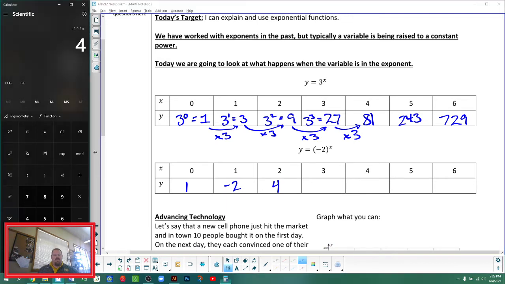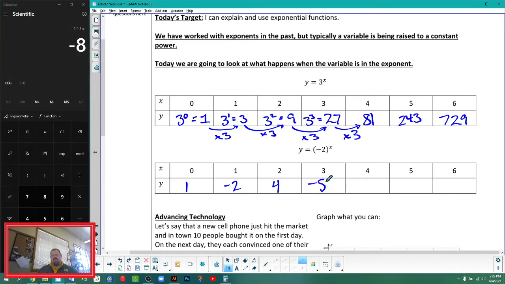What about negative 2 to the third power? Negative 8. And all this is still working out that I'm multiplying by negative 2, and then negative 2 times negative 2, and then 4 times negative 2.